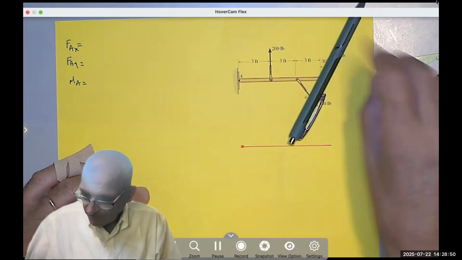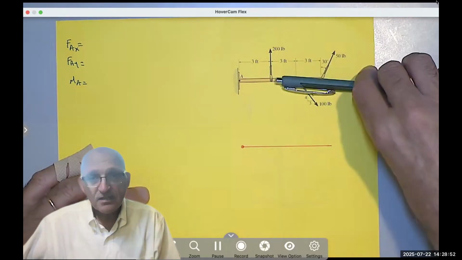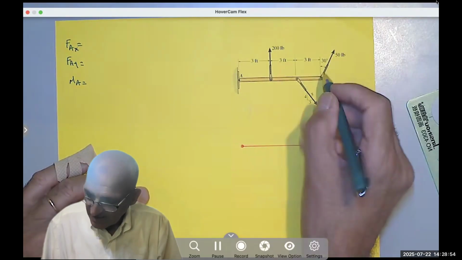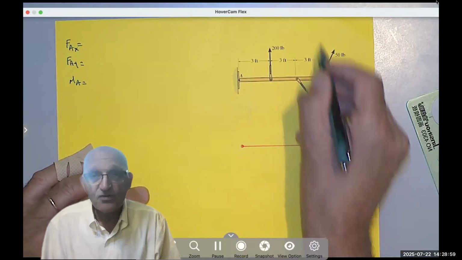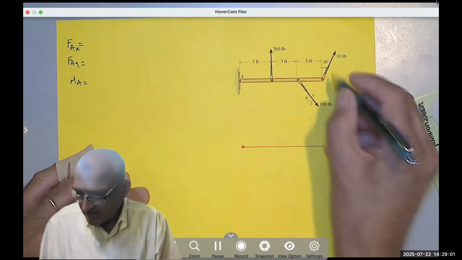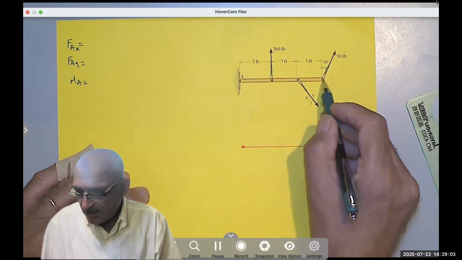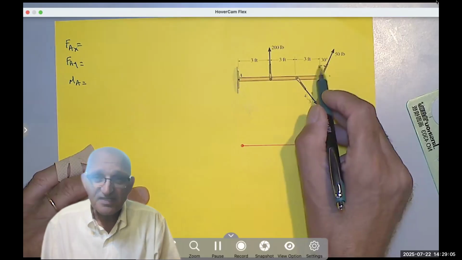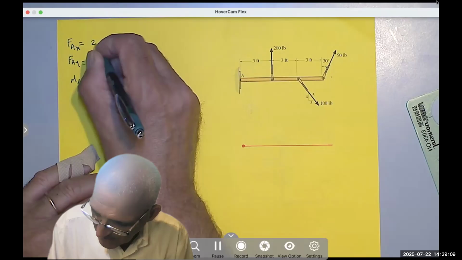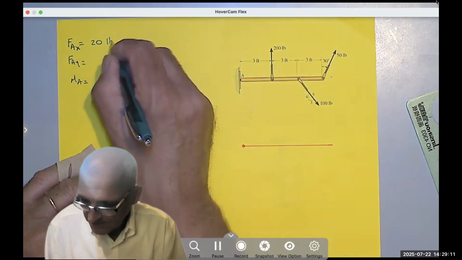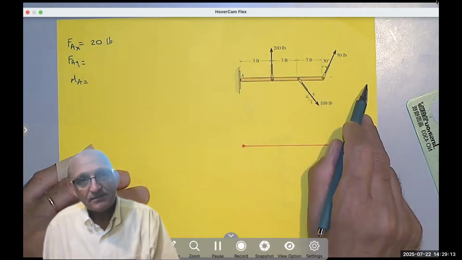This one, sine 30 is the horizontal. Why? Because they give you the angle between the force and the vertical, so the cosine will give you the vertical, which is the same as saying this angle is 60. Cosine 60 is the same as sine 30. It's 1/2. So I have 20 pounds going to the right, correct?